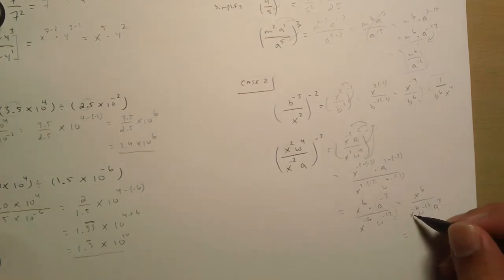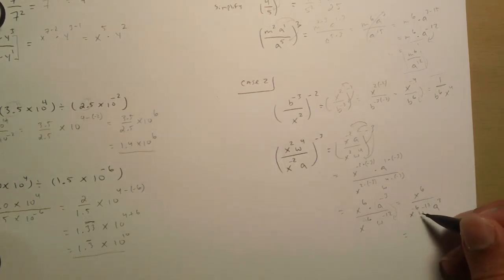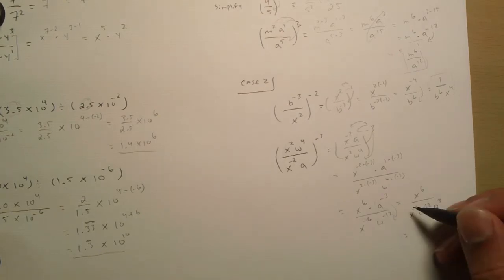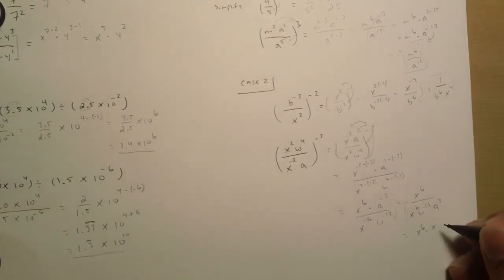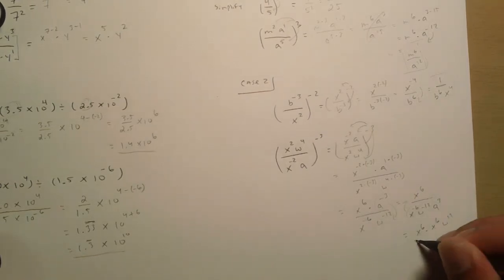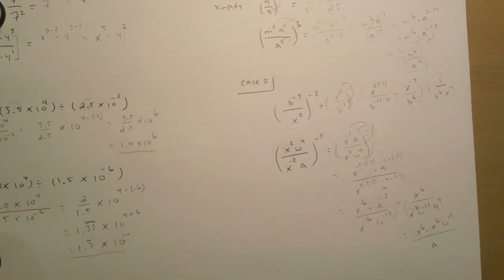So you can just move right here. You have x to the negative 6, w to the negative 12, and you already know that these two terms will move up to the numerator. So it'll be x to the 6 times x to the 6th, and you'll have w to the 12th over a to the 3.